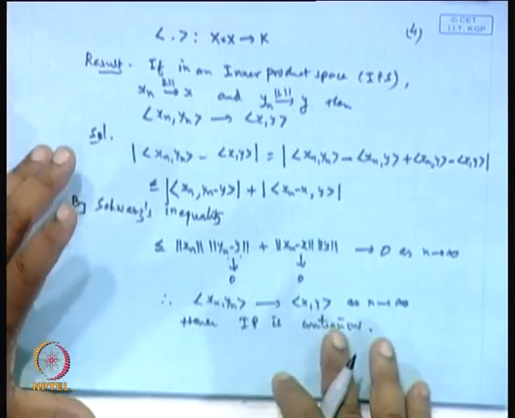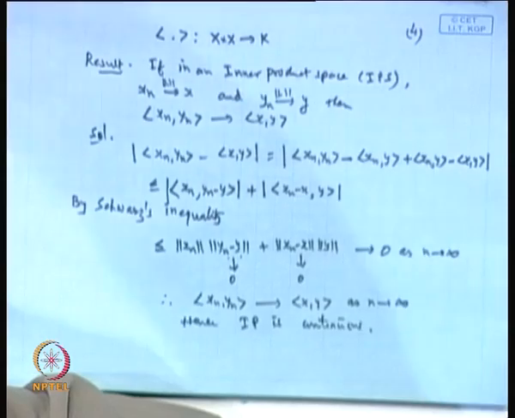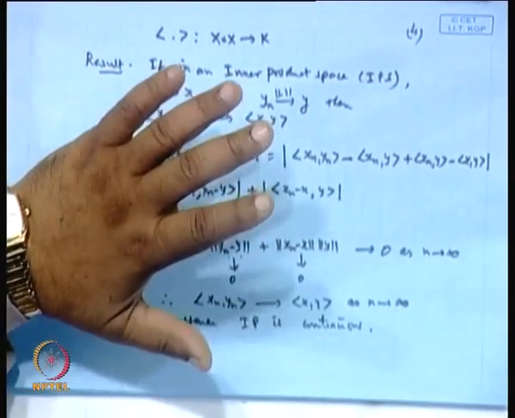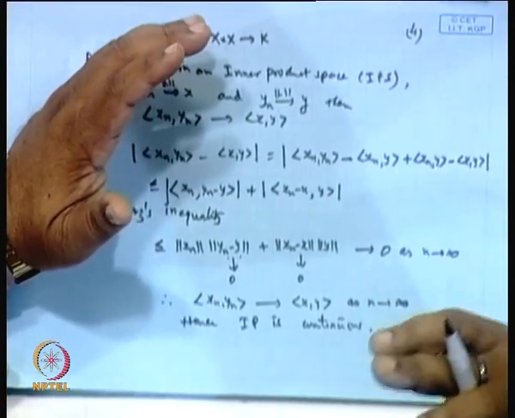Now, this gives an application: this lemma helps in establishing that every inner product space can be made complete. That is, if we take a Cauchy sequence in this inner product space and the Cauchy sequence is convergent, then we say it is a complete space. So with the help of this result, one can say that every inner product space can be made complete, just like the completion we have seen for a norm space.